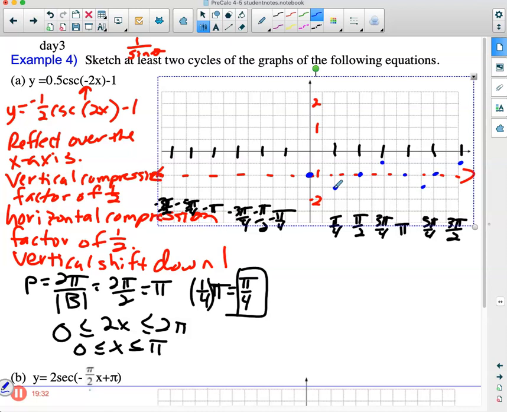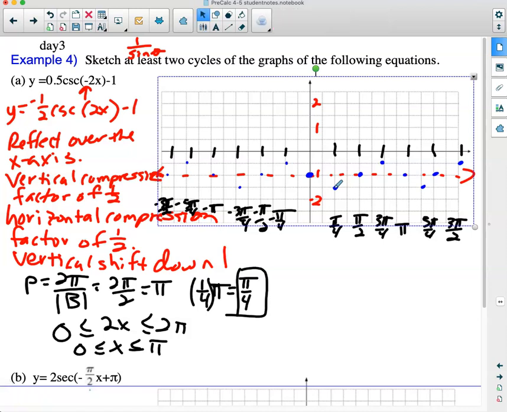And again, you're going to have to follow the pattern. And then remember that anything that falls on the x-axis, well, it's not the x-axis this time, it's the line y equals -1. Anything that falls on there gives us an asymptote.